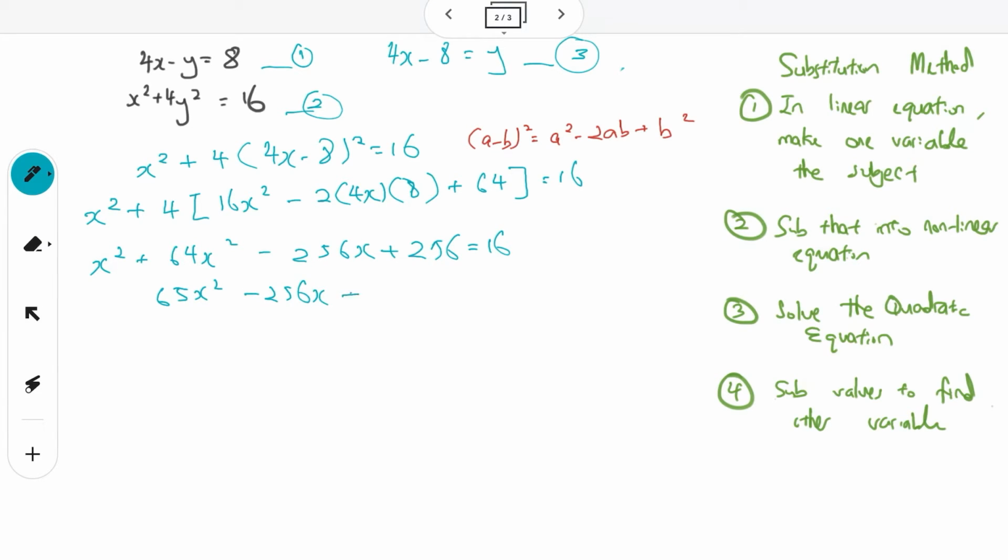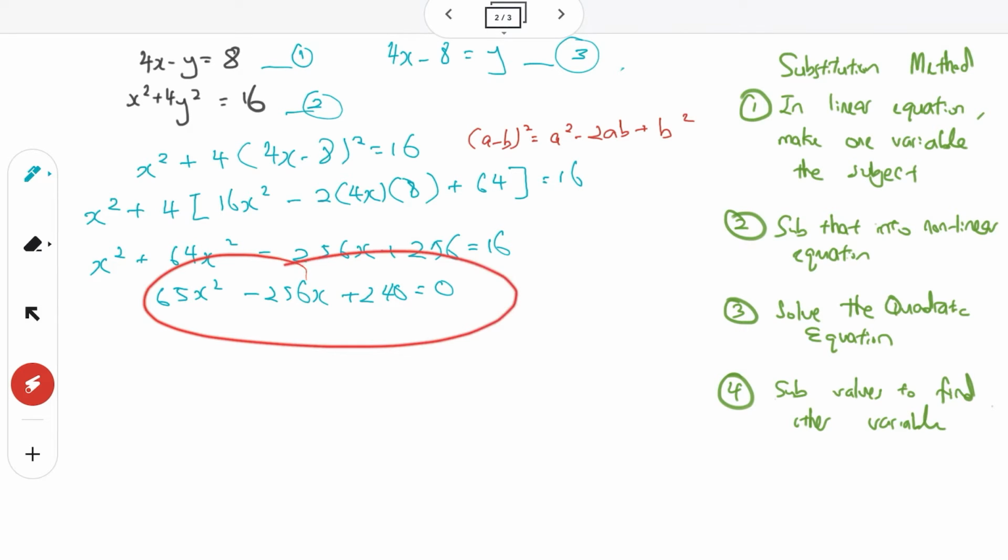Bring the 16 over, you should get this. And now when you look at this equation that we have, it looks very familiar, doesn't it? It is actually a quadratic equation, and that is our third step, which is to solve the quadratic equation.